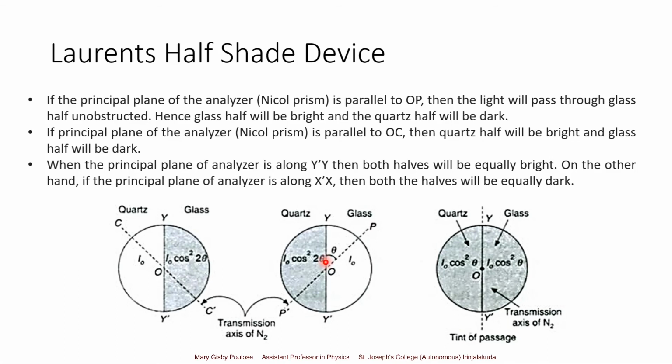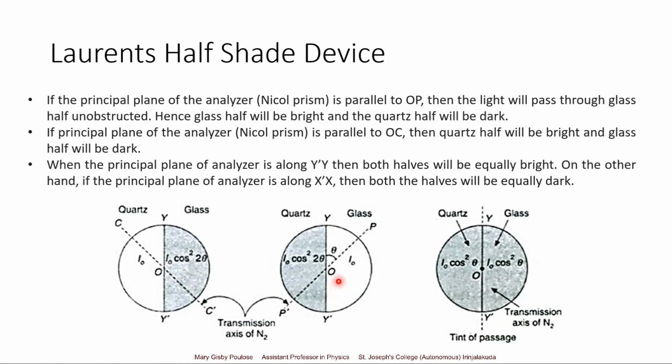Now, if we have the Nicol prism aligned along the OP axis, the light passing through the glass portion of the half-shade device will pass through that Nicol prism. Whereas light passing through the quartz was aligned in this direction, and that will be blocked by the Nicol prism. So here it will be dark, whereas here it will be bright.